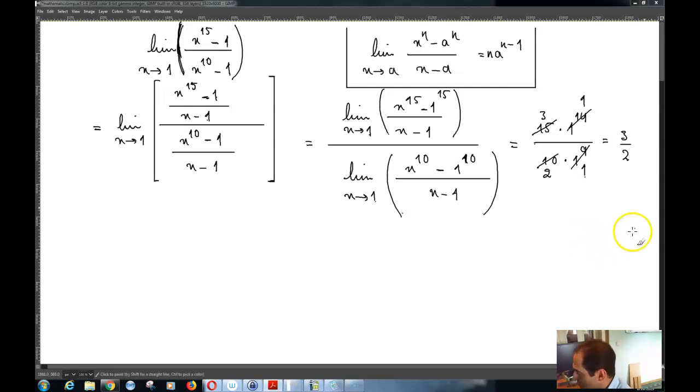Now the next question that we have is: you want to find the limit of the square root of 1 plus x minus 1, over x, when x tends to 0.